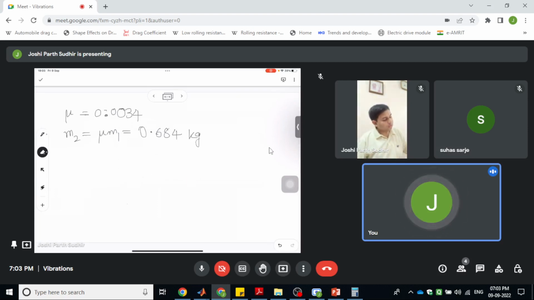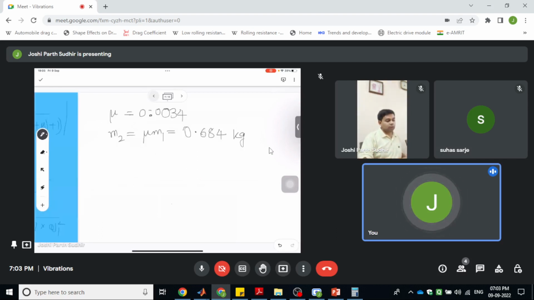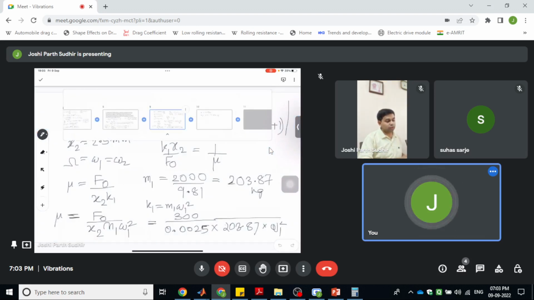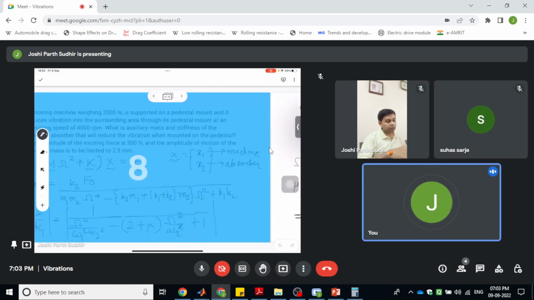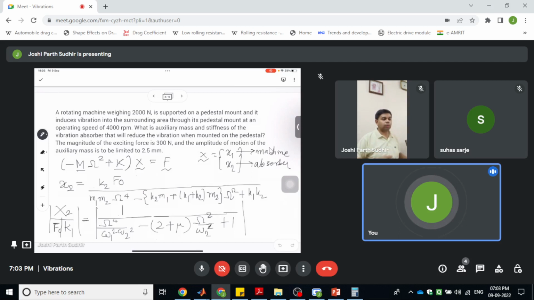So that will be the mass of the vibration absorber. So this is how we can basically use the characteristic equation of the vibration absorber, and also its equations of displacement for forced vibration, to find out the different quantities.